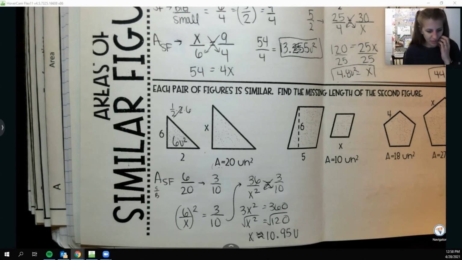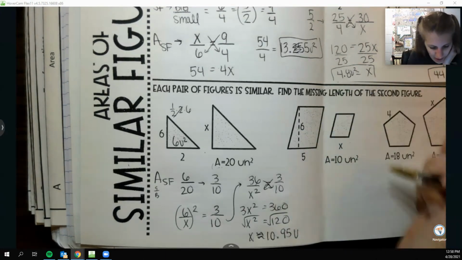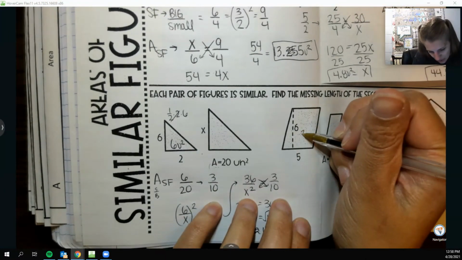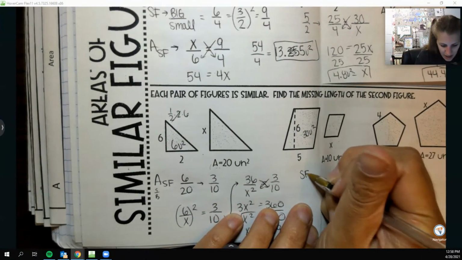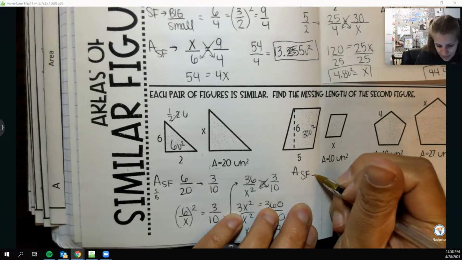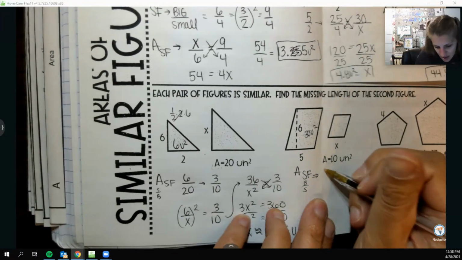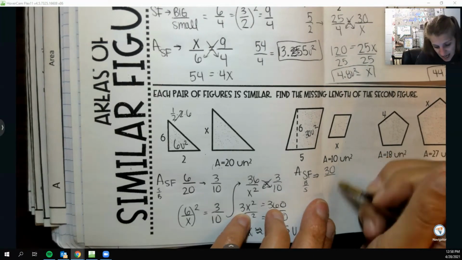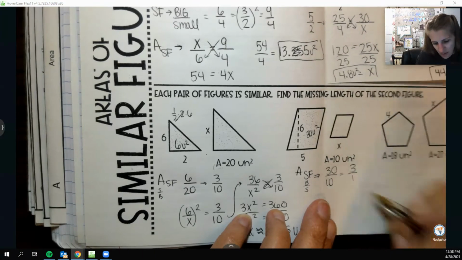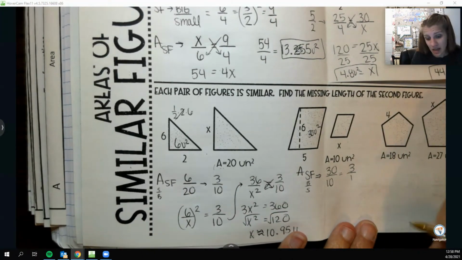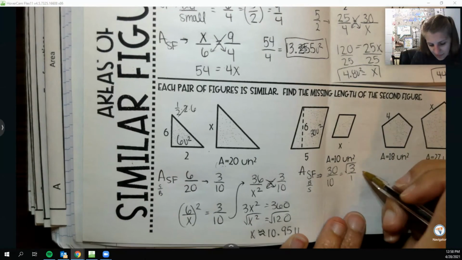All right. Maybe we can do that one here too. So I want to find the area of this one. It is 30 units. So if I write the scale factor of the areas, and this time I'm going to go big over small just because the big one's first, so 30 over 10. So it's 3 over 1 when I reduce, and then I have to square root it. That's not terrible because it's really just the square root of 3. That's fine.